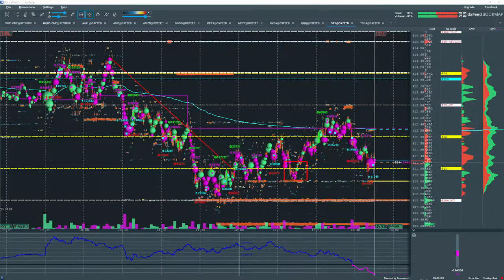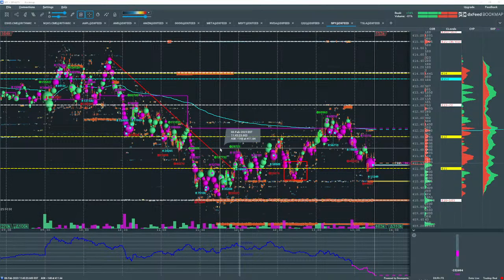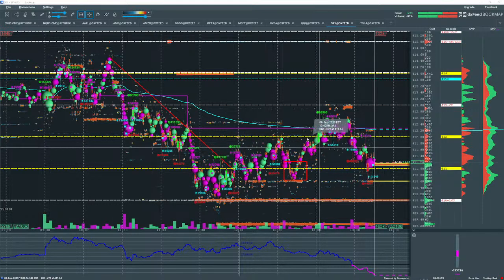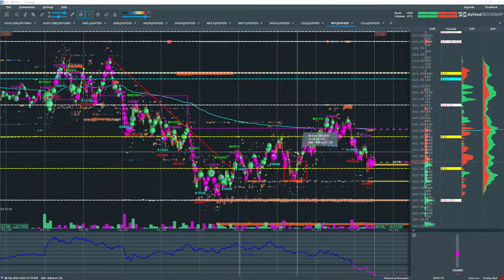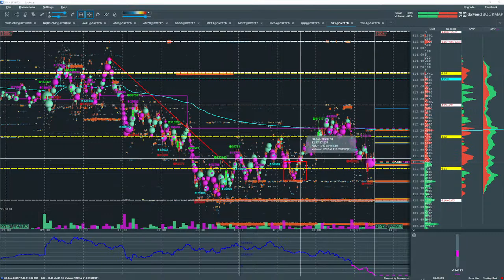All right, so those are the levels that are in play, both on the ES and on SPY. A little bit easier to see on the Thinkorswim SPX chart as well as the SPY chart here.